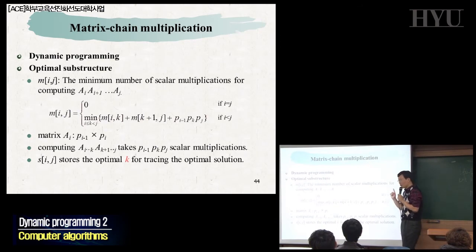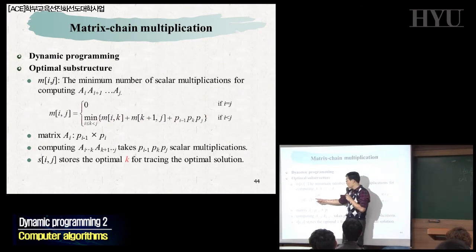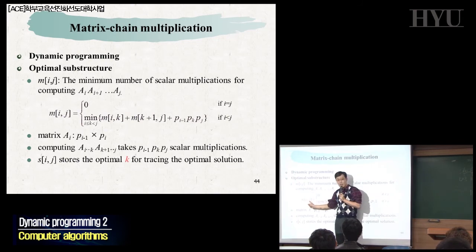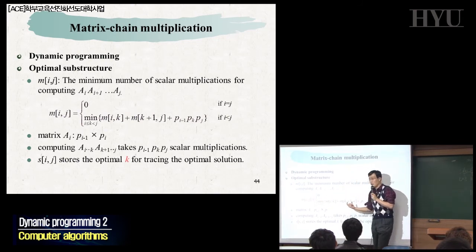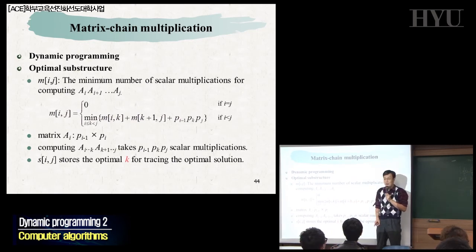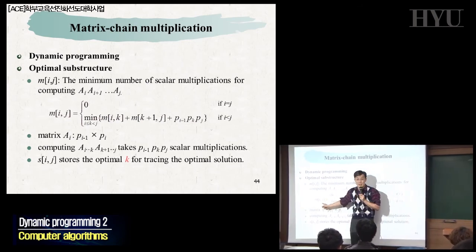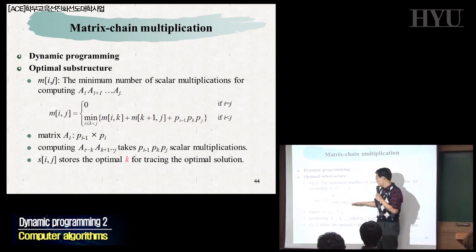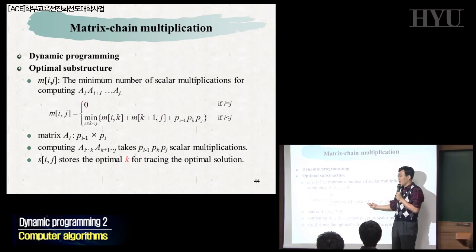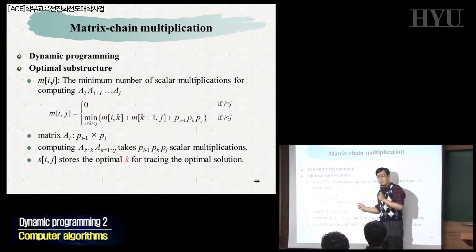Yes, perfect. Look at this recurrence. To compute Mi,j, we need to know Mik and Mk plus 1,j in advance. So these values should be computed before we compute this. And what's the difference?